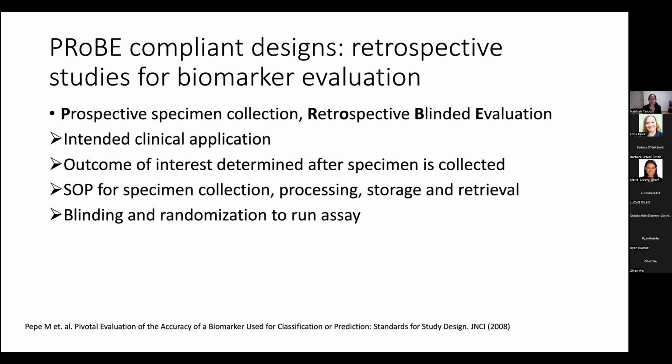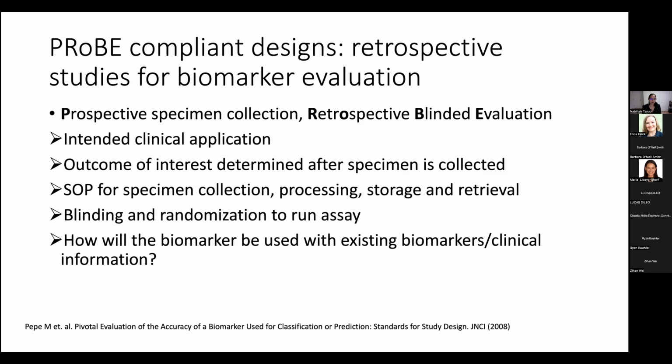It involves working with your statistician before you run the assay, and it's a little bit of work to blind it. But if you've done this blinding and randomization, then when you go to analyze the data, you have more confidence in attributing the result to the actual intended use, and less concern about biases that could have resulted.